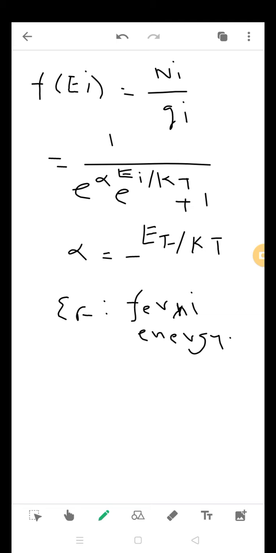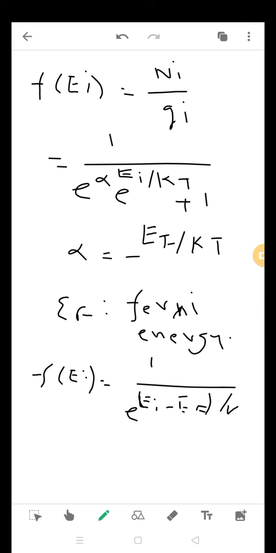So the final expression for Fermi-Dirac statistics is 1 by e to the power EI minus EF by KT plus 1.